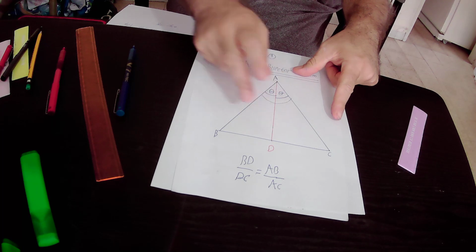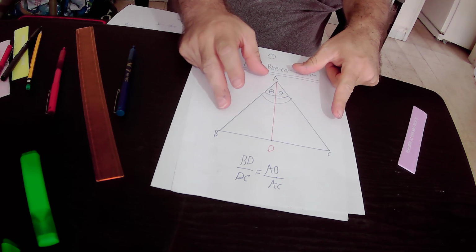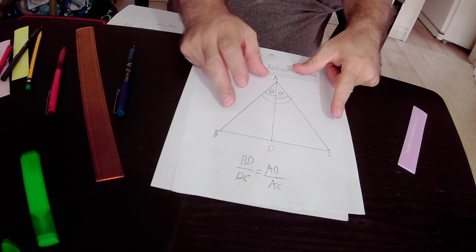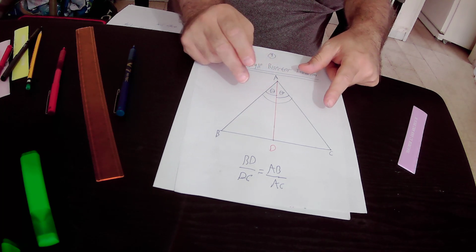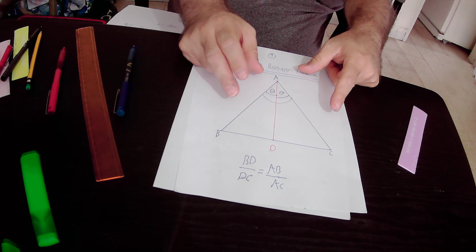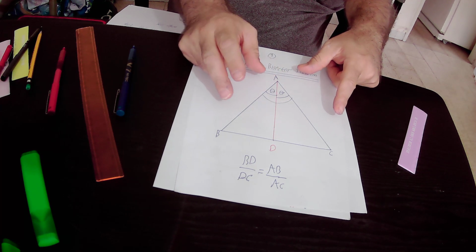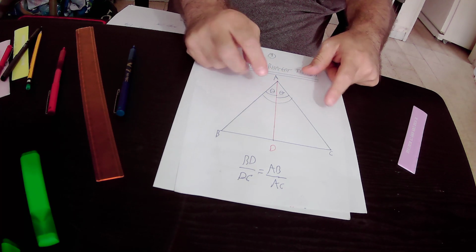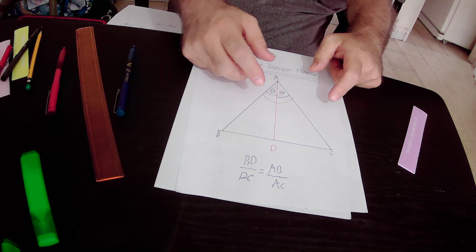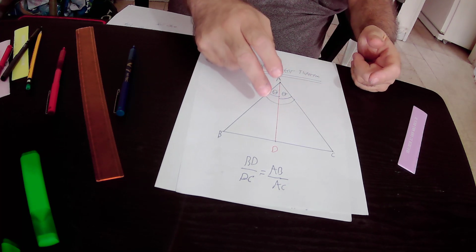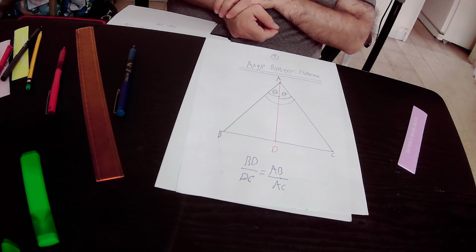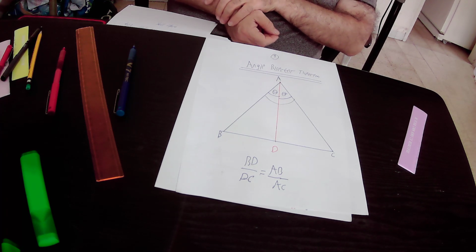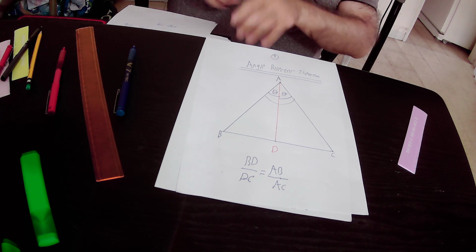That is to say, AD divides angle BAC into two equal parts, theta, and therefore AD is defined as an angle bisector.